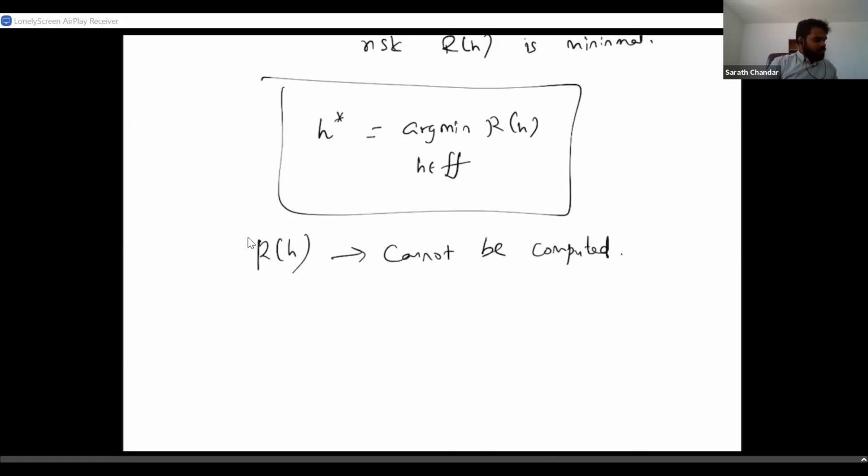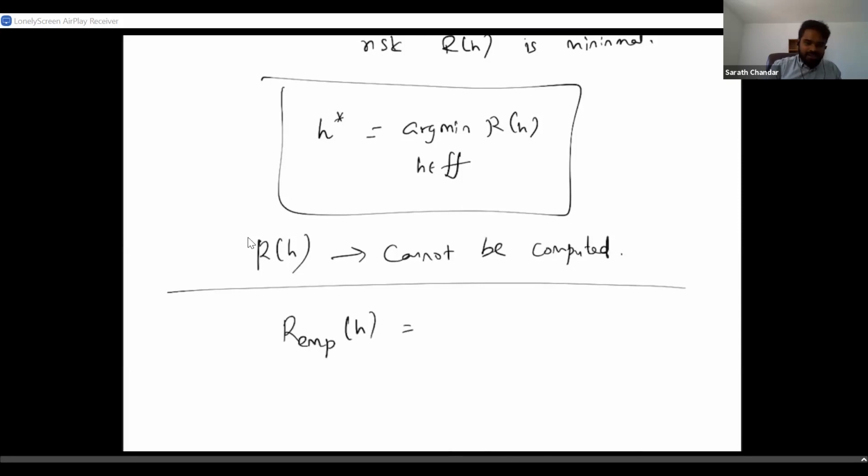So now the standard approximation that we are going to take, which we have already taken in the previous lectures, and we are just formalizing here, is instead of using this true risk, we're going to just compute the risk with respect to the training data that is available. Okay, so we are going to call that the empirical risk.